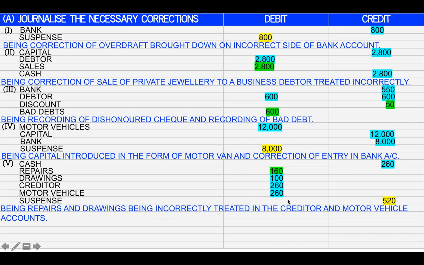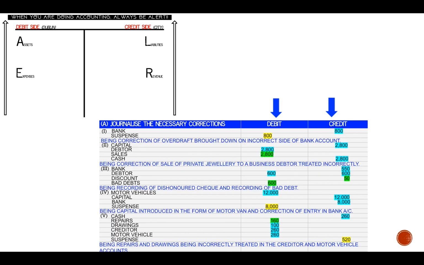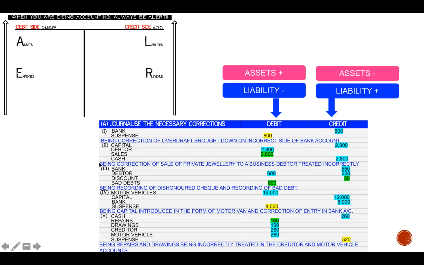So all of those are balance sheet items. They are either assets or liabilities there. So remembering your alert diagram, assets, when they increase, we debit. Therefore, when assets decrease, we credit. Likewise, with liabilities, when they increase, we credit. So liability on the credit side is plus, liability on the debit side is minus.